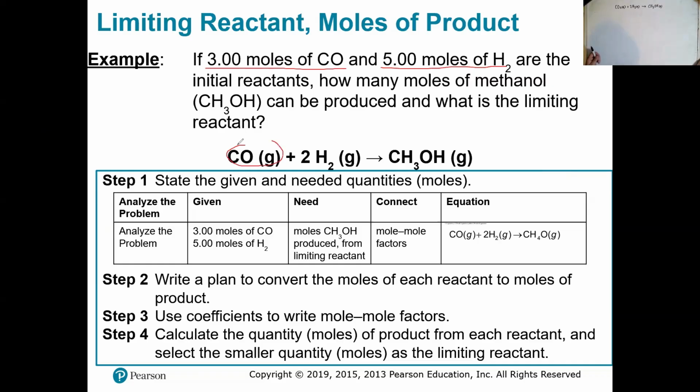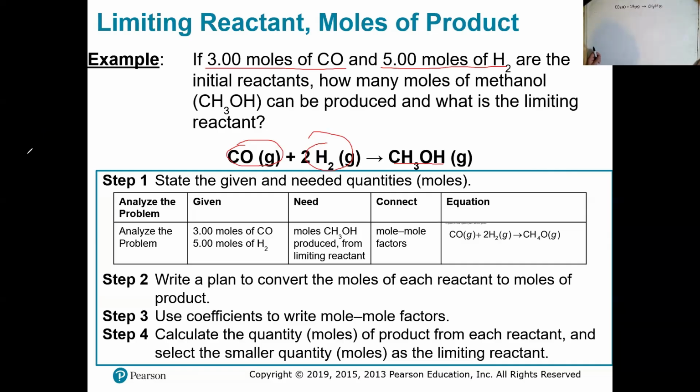They're giving us information about the CO and about the H2, and they're asking us how many moles of our product can form from that. So if we have information about both of these reactants, then we have to figure out which of these reactants is going to run out first.